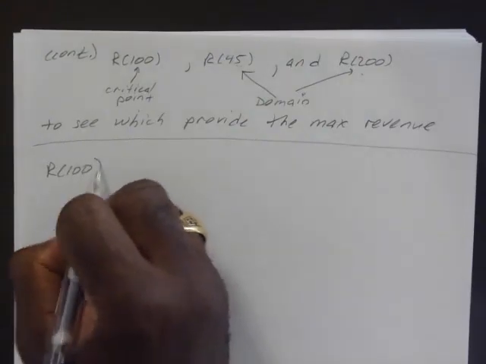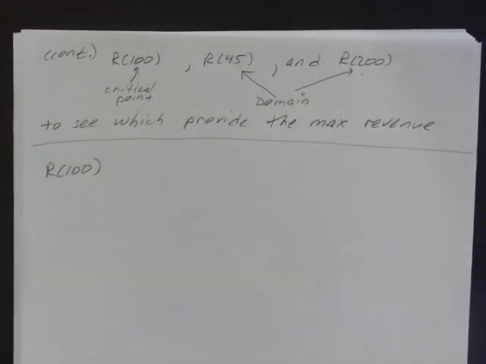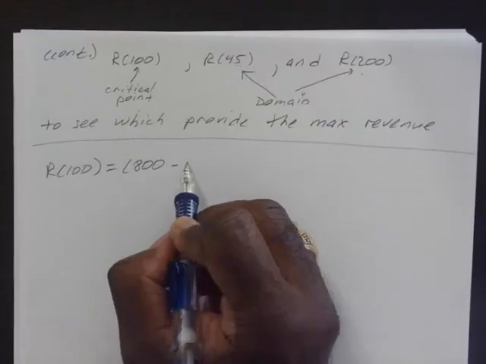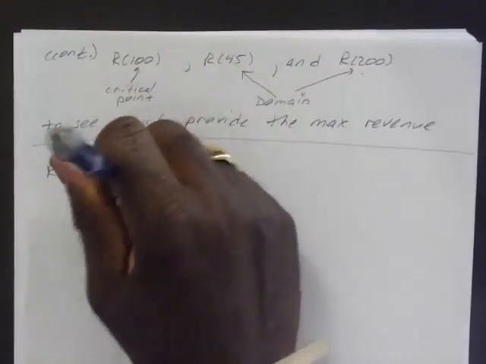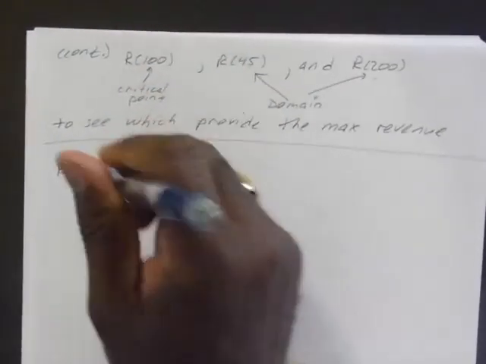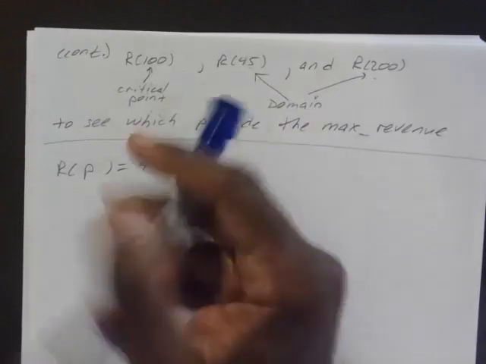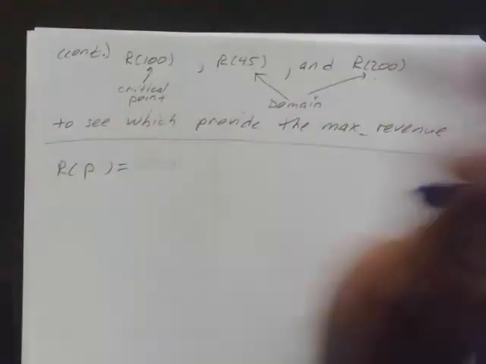Okay, so the revenue when the price is $100. Actually, let me write out the original revenue equation so we don't have to keep flipping back and forth. So, 800. Let me write it out in the factored form.